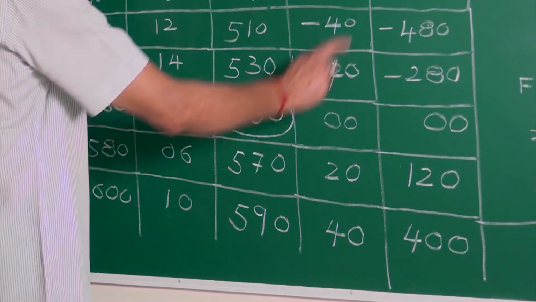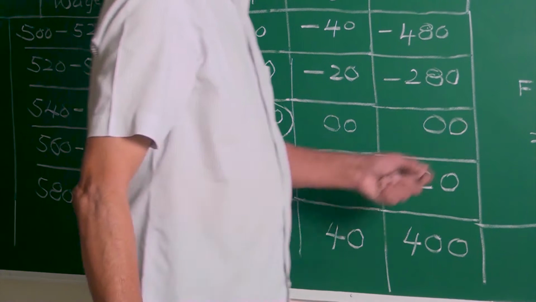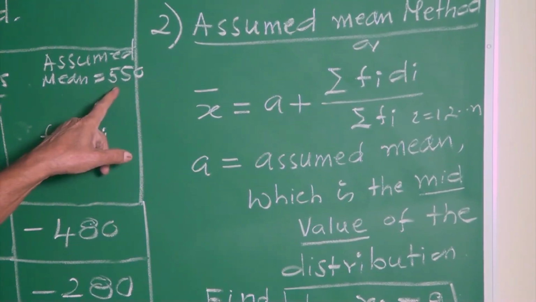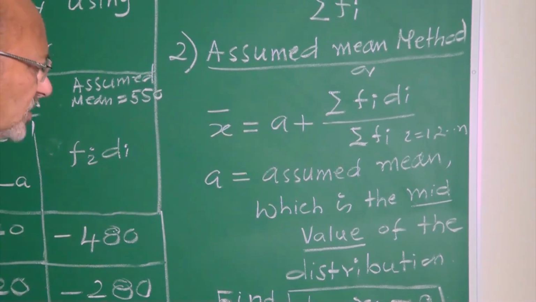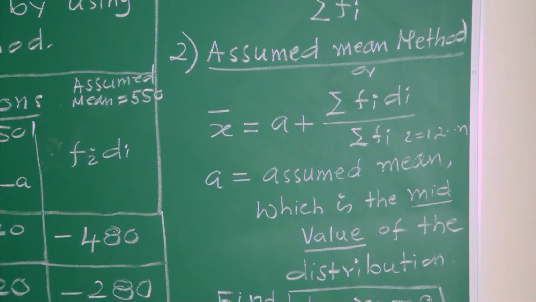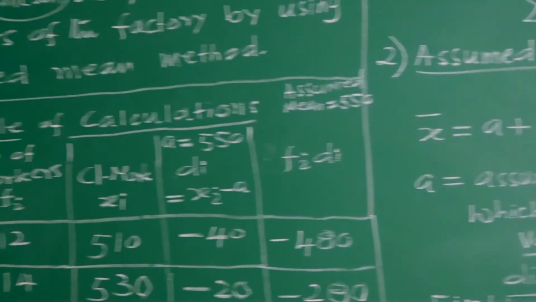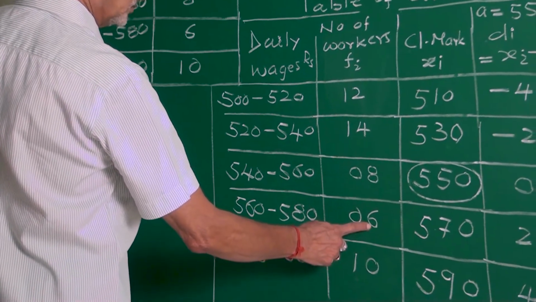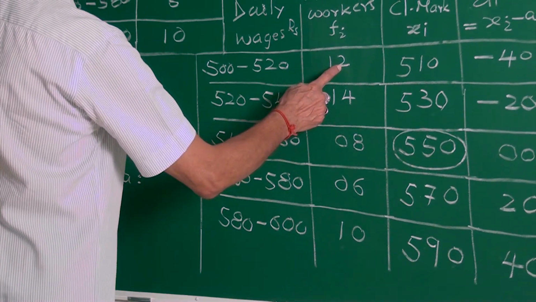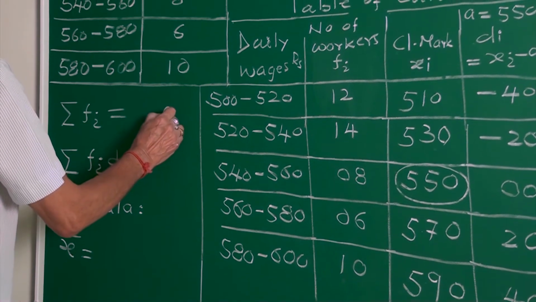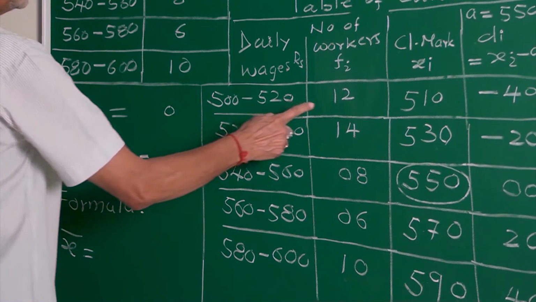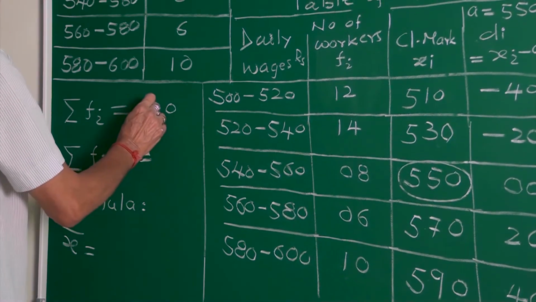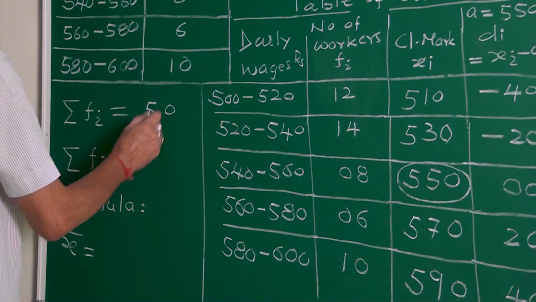After this, my friends, we want to substitute these values in the formula. A is known, 550. We have to find these two summations. Sigma fi: 12, 14, 8, 6, 10. 12 plus 14 is 26, plus 8 is 34, plus 6 is 40, plus 10 is 50.